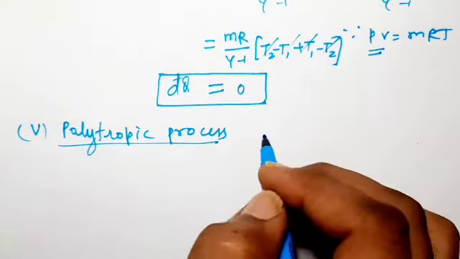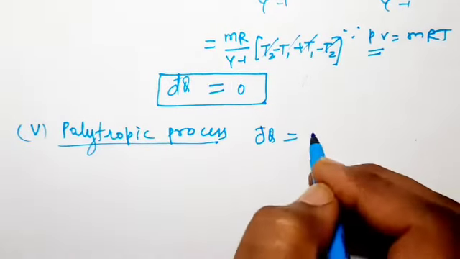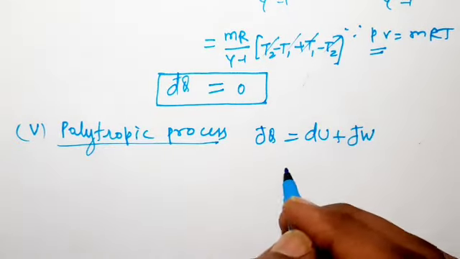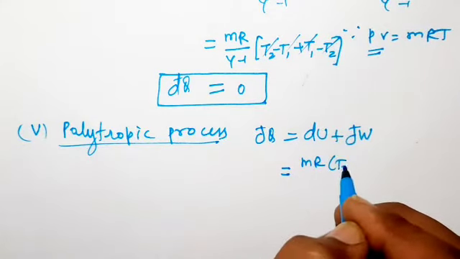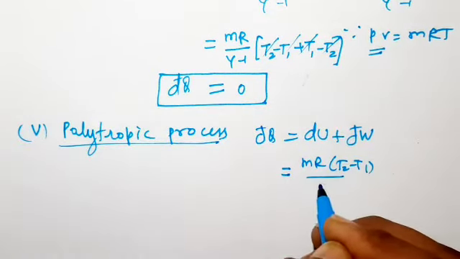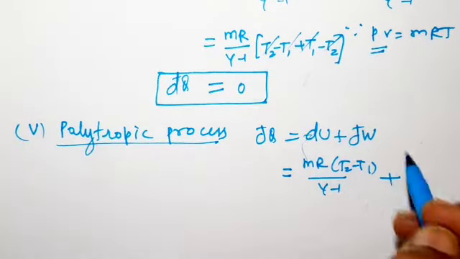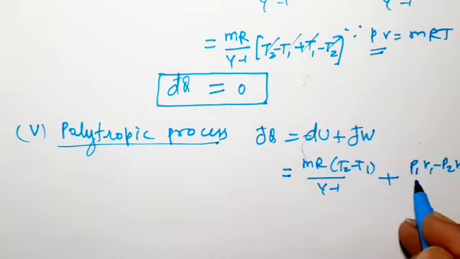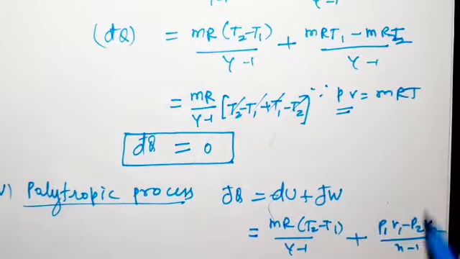So applying the first law of thermodynamics, we can say del Q is equal to dU plus del W. Okay, so here this will be equal to mR (T2 minus T1) upon gamma minus 1 plus (p1 V1 minus p2 V2) upon n minus 1. So previously it was gamma minus 1.